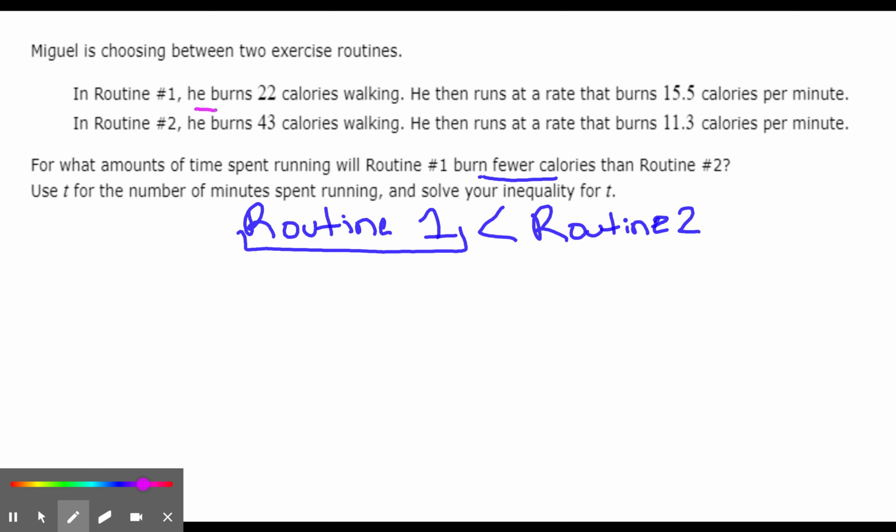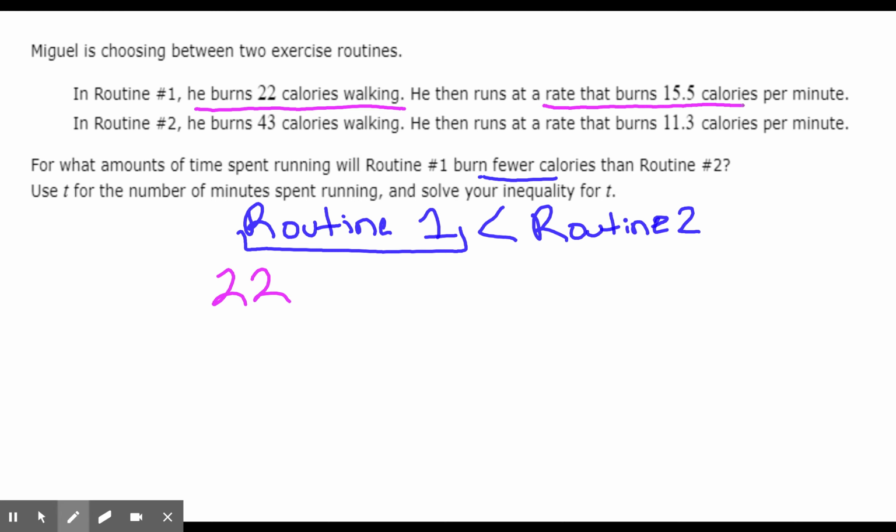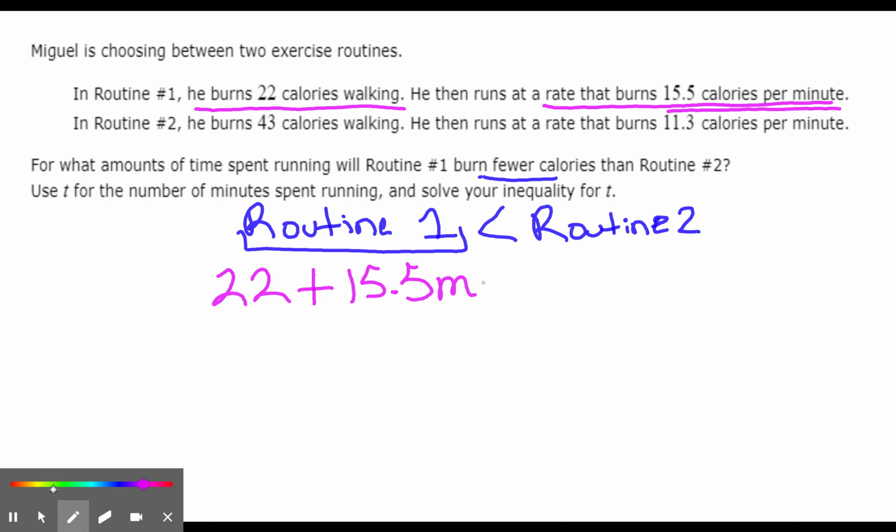Routine 1, he burns 22 calories walking. He then runs at a rate that burns 15.5 calories for each minute. So times the amount of minutes. Now when we get to routine 2, he burns 43 calories walking.